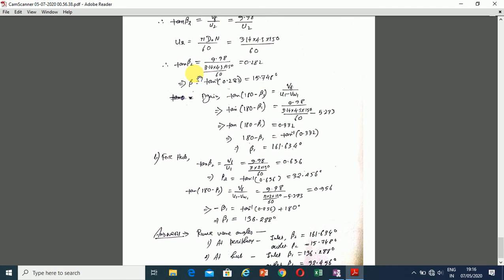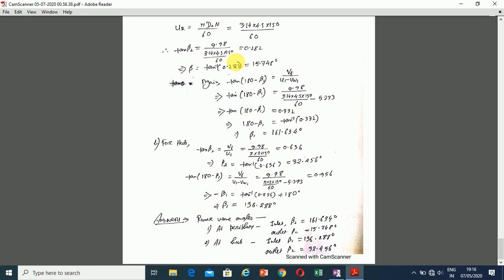By calculating this, tan beta 2 is equal to 9.98 divided by U2, that is 3.14 into 4.5 into 150 divided by 60, which is equal to 0.282. From here, beta 2 is found as tan inverse 0.282, that is 15.748 degree.